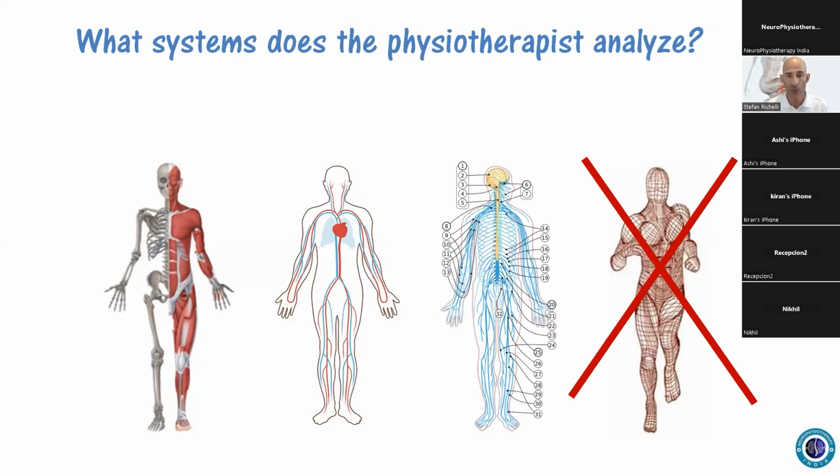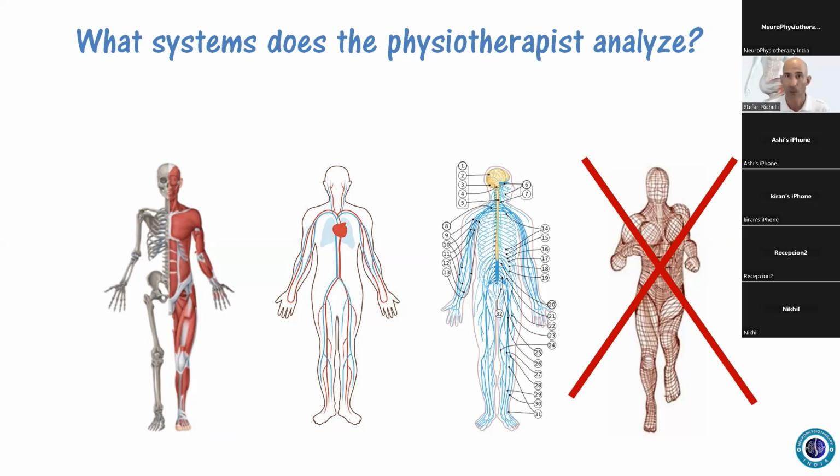And obviously the musculoskeletal system cannot work well if there's not good nutrition, if there's no removal of the metabolic waste inside the tissues. So the blood system is very important, we understand this. The nerve system is also very important, because if the brain cannot send the information to the muscle to contract or to release, the muscle doesn't work well, and then there can also be problems if there are nutritional problems.